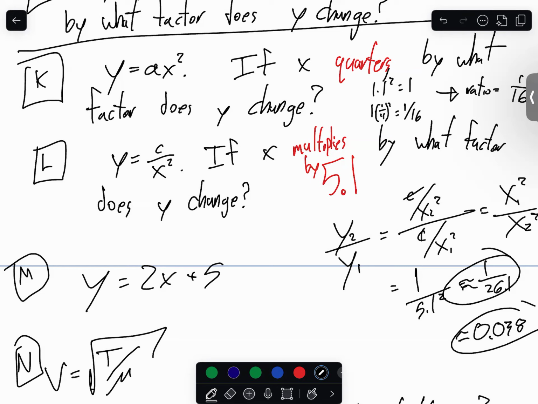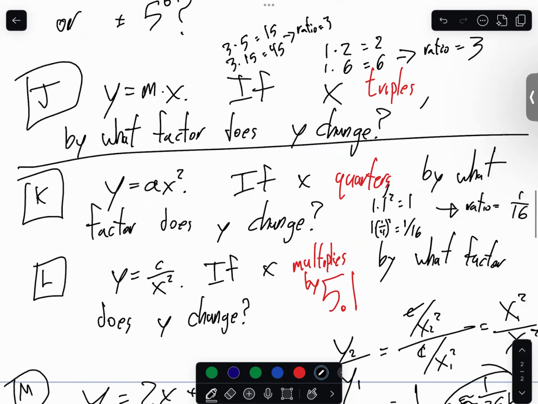In every case, you don't have to have the numbers. If they make you feel better, you can make up numbers, but you certainly don't have to be given numbers from the get-go. If you've got the structure of an equation, you can reason about how this affects that. By what ratio do things change?